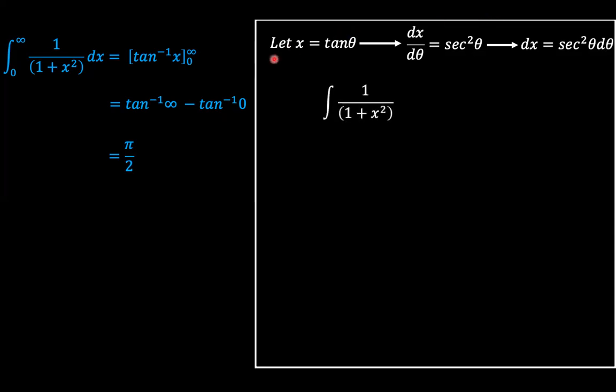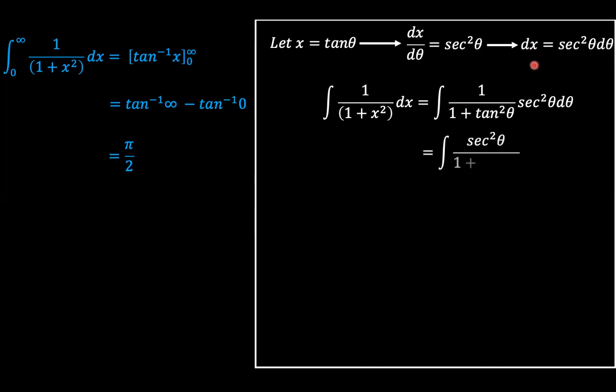So for the indefinite integral of 1 over 1 plus x squared, in place of x we have tangent of theta. So this becomes 1 over 1 plus tan squared theta times dx, which is sec squared theta d theta, from this change of variables.